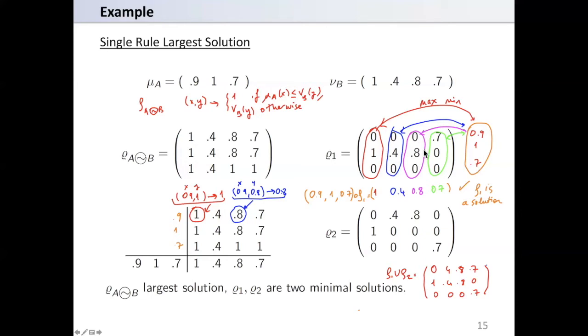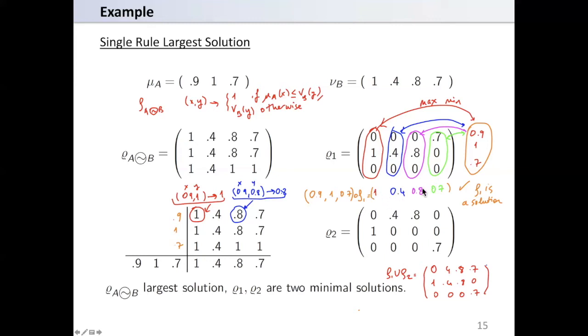For this column, compare 0, 0.9, minimum is this one, 0.8 and 1, this is minimum, and 0, 0.7, this is minimum. So we are choosing the maximum, it is 0.8. The last one, compare these two, this is smaller, 0.7, this is smaller, 0, again this is smaller, 0, the maximum is 0.7, we will have 0.7.